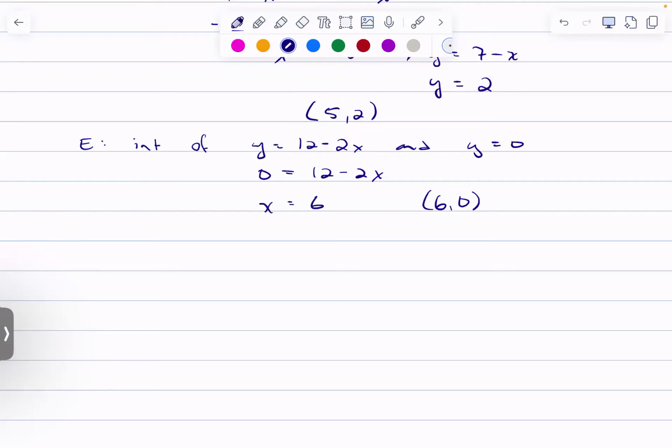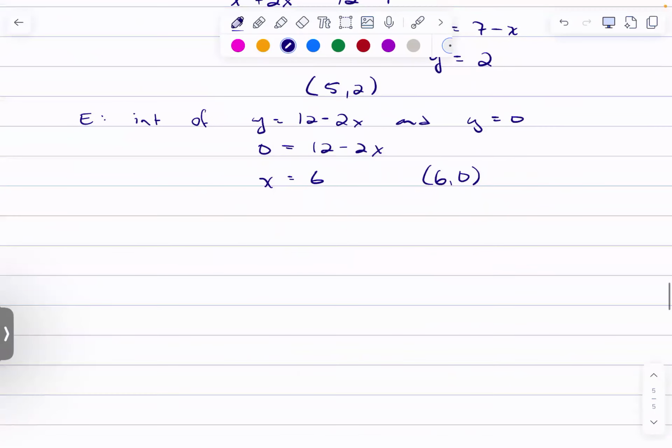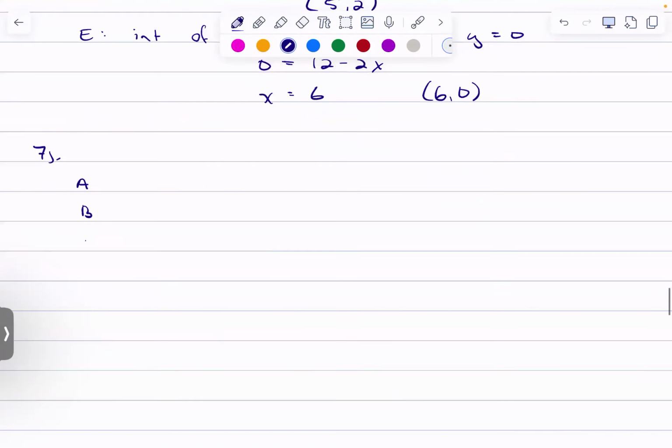Which then, my next thing, find the vertices, and then we make a table of the vertices. A, B, C, I know. D, E. Listing all these, I've got 0, 0.